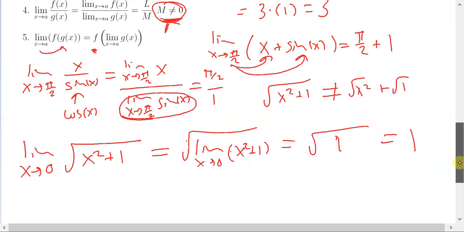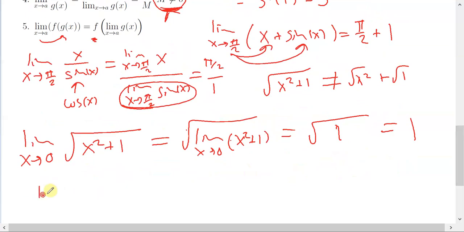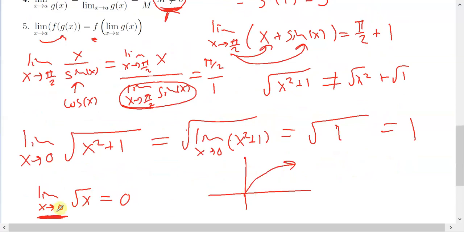The only issue that I didn't address here is, what about the limit as x approaches 0 of the square root of x? You would say, well, what you said above, you just plug it in, and that's true, you end up getting 0, but technically this limit's not defined as is, because when you look at the square root of x, it looks like this. And remember, when I write this limit down, I'm saying that the limit from this side and this side are equal.